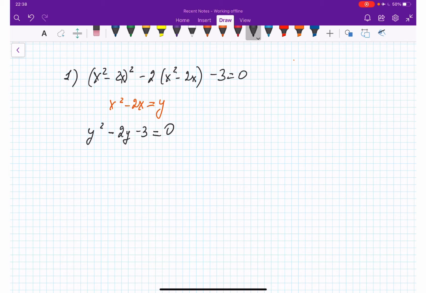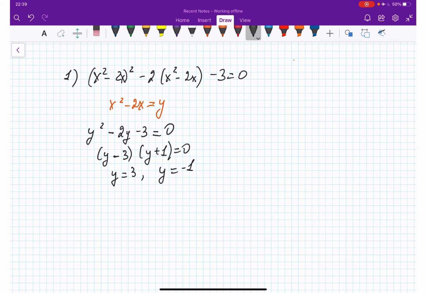So let's see, can we FOIL it? Positive 1 and negative 3, right? y minus 3 and y plus 1 is equal 0. So from here, y is equal positive 3 and y is equal negative 1, right?